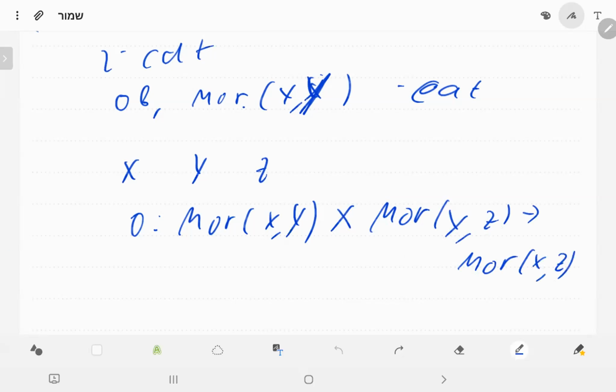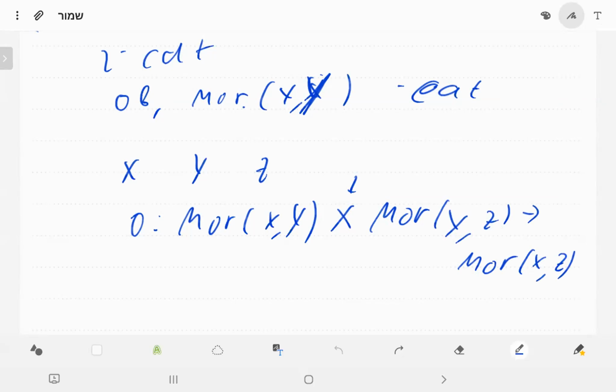So this is not a map between two sets, it's a functor, no problem. I didn't describe the Cartesian product of two different categories, but it's very easy to define what it is. But you don't even need to do it. You can just say we want functors that have two variables, so it's functorial on the first one and functorial on the second one. This is enough.